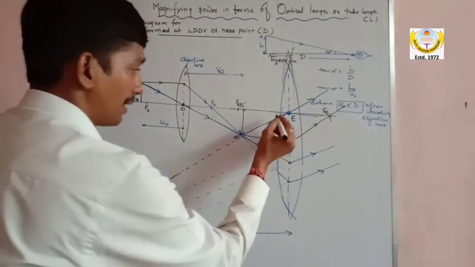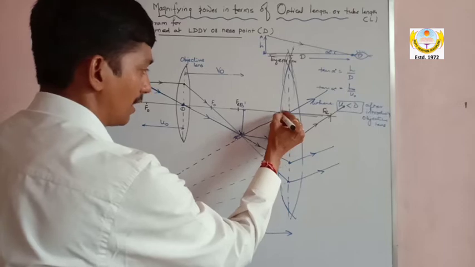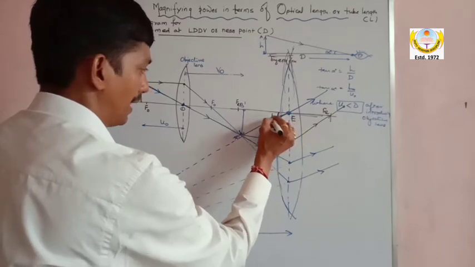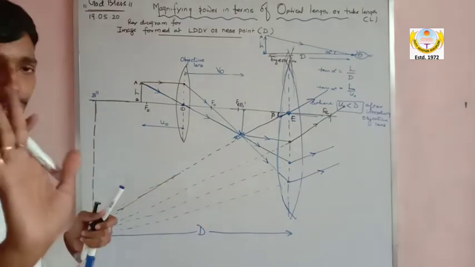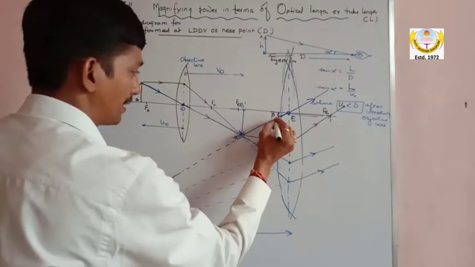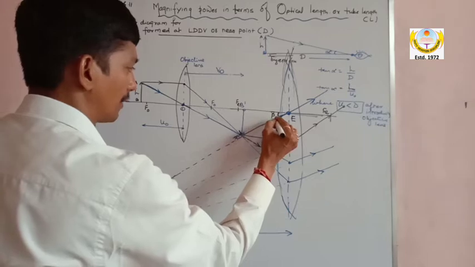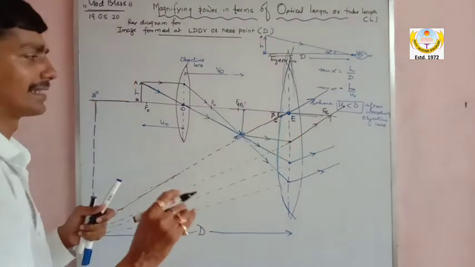And my dear, you all know that this is the angle subtended by the final image. And who subtends this angle? Sir, the eyepiece. It is because of the eyepiece, and the eyepiece acts as a simple microscope.